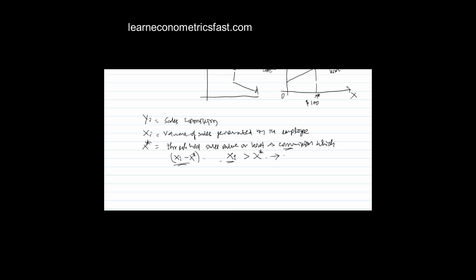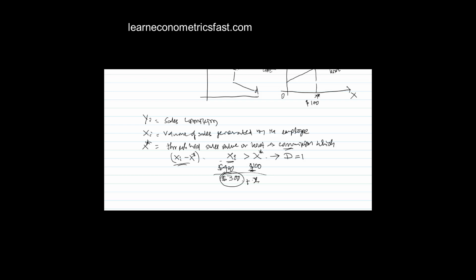Suppose our target was to sell $100 of product, but that employee has sold around $400 of product. So the difference will be $300, and he will get commission on this amount, plus the amount that he was entitled to, because as per contract he has to sell $100 of product. It's a must. Suppose that amount was something like small x. So he will be earning this in total.